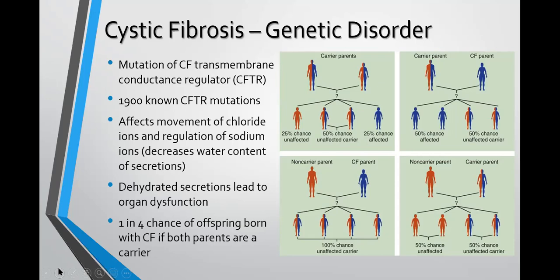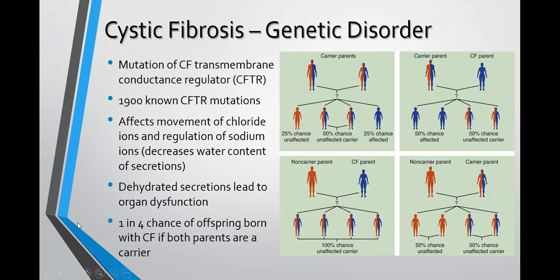If you have one Caucasian that has full-fledged cystic fibrosis and the other one is just a carrier, then if they have children, 2 of them will have cystic fibrosis full-fledged and the other 2 will be carriers. Okay, so that's just showing you how it spreads.